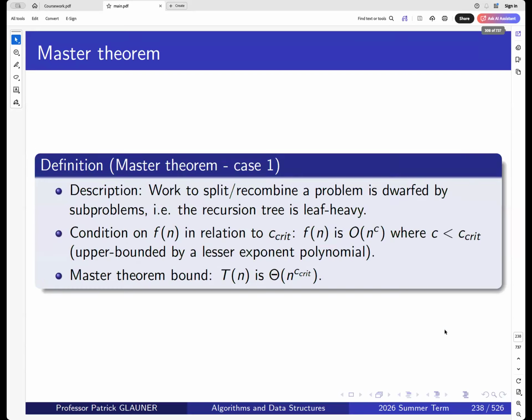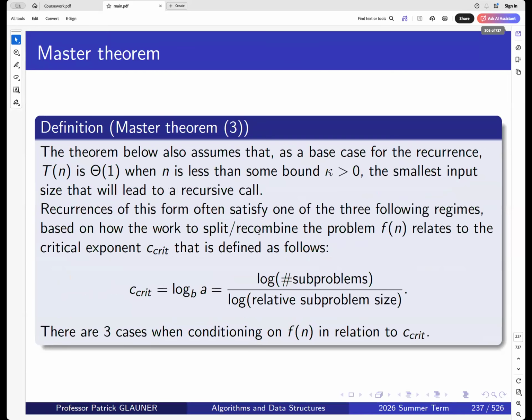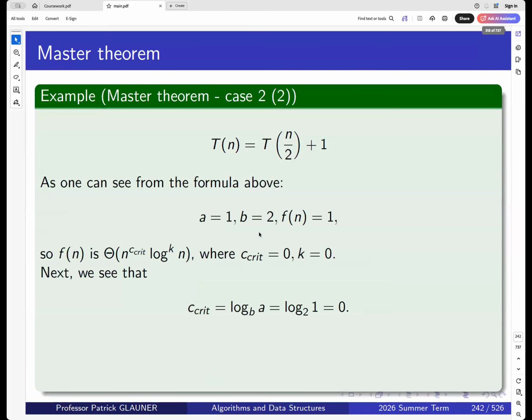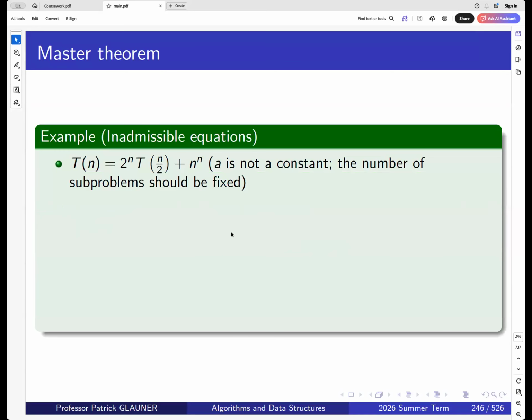So the master theorem looks good, and I'll just go back to the earlier slide on the master theorem. The only thing is you need to bear in mind that your recurrence relation must fit into this pattern here. If it does not fit into this pattern, you can't use the master theorem. And there are a couple of examples where the master theorem cannot be used.